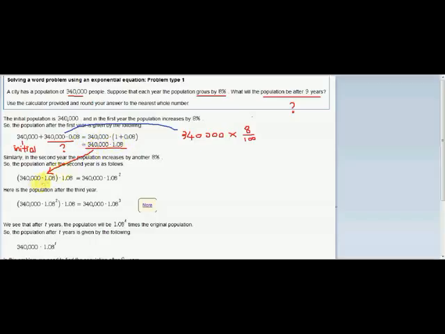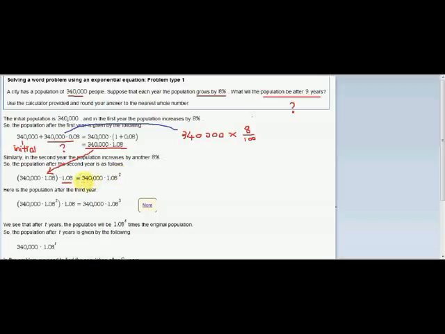We use that as the beginning of the second year and multiply it by another 1.08. So we have 340,000 multiplied by 1.08 multiplied by 1.08. So 1.08 multiplied by 1.08 is 1.08 to the power of 2.